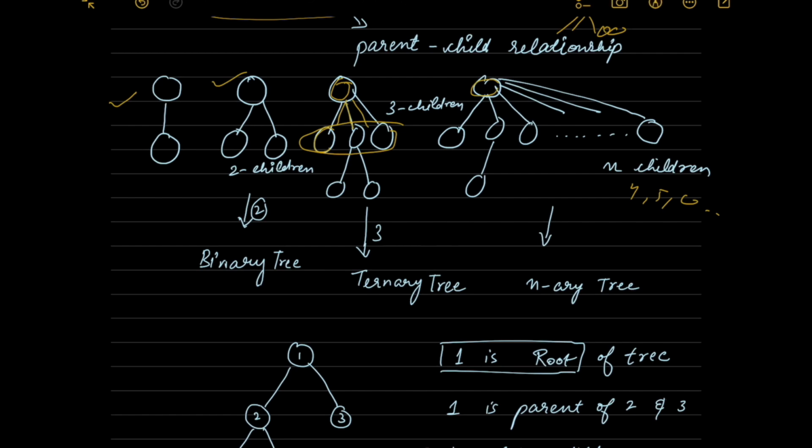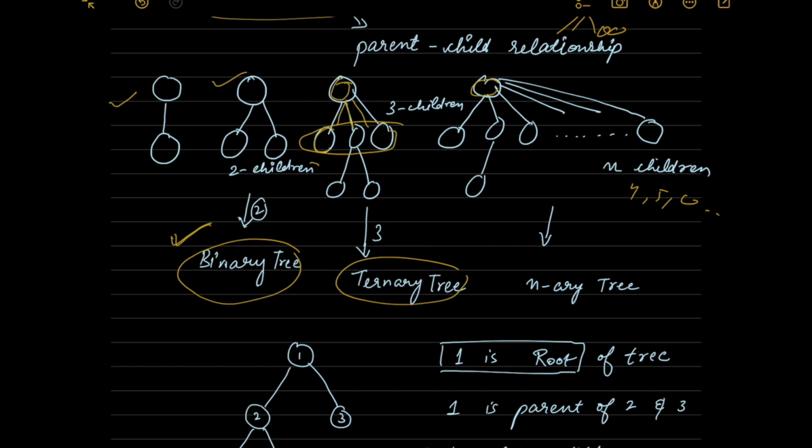Some of these types have got names. For example, a tree in which a node has got two children is called a binary tree, and this is the most important tree that we use. Apart from that, if a node has got three children, it's called a ternary tree.